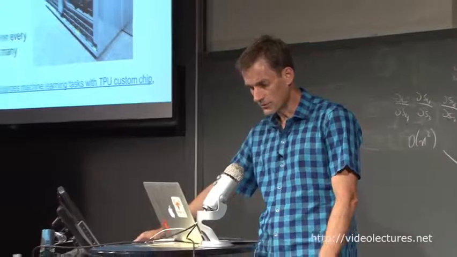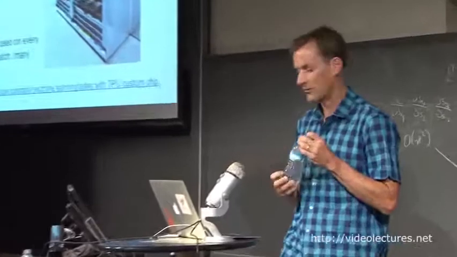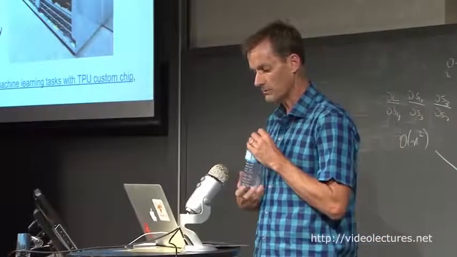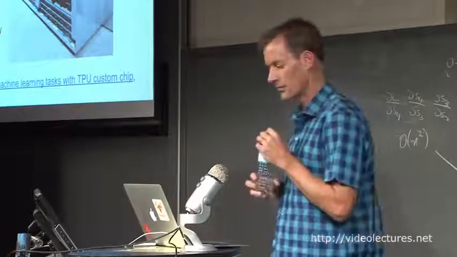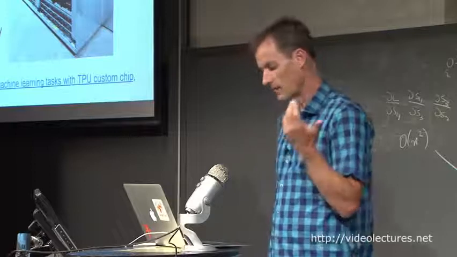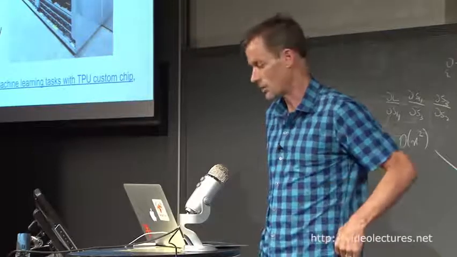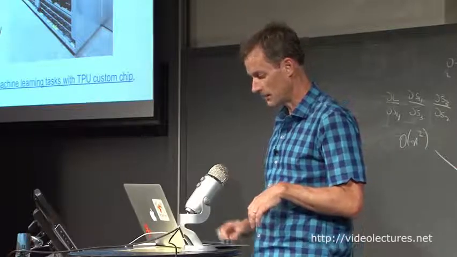So Google's take on customized hardware is this custom machine learning ASIC that our chip design team built. And it's been in production use for almost a year and a half now. It's used on every search query. It was used for the AlphaGo match in March against Lee Sedol in Korea that DeepMind arranged.